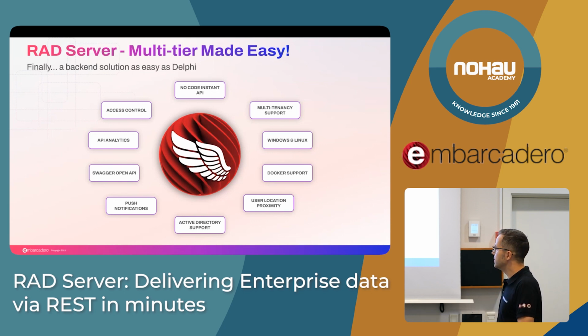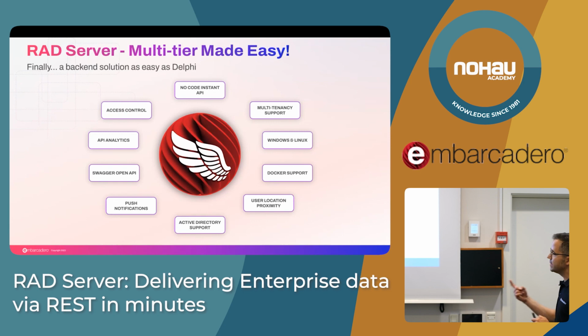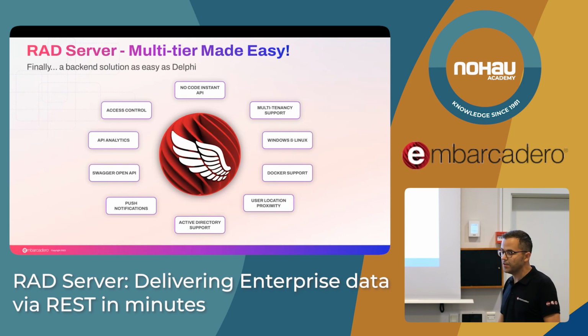We also have components to create applications that use those beacons. As I mentioned, Docker support, Windows and Linux, and multi-tenancy support, not very useful in the light version. But if you want to have just one single version of RAD Server and you want to have multiple customers using the same instance, you can use multi-tenancy as well.